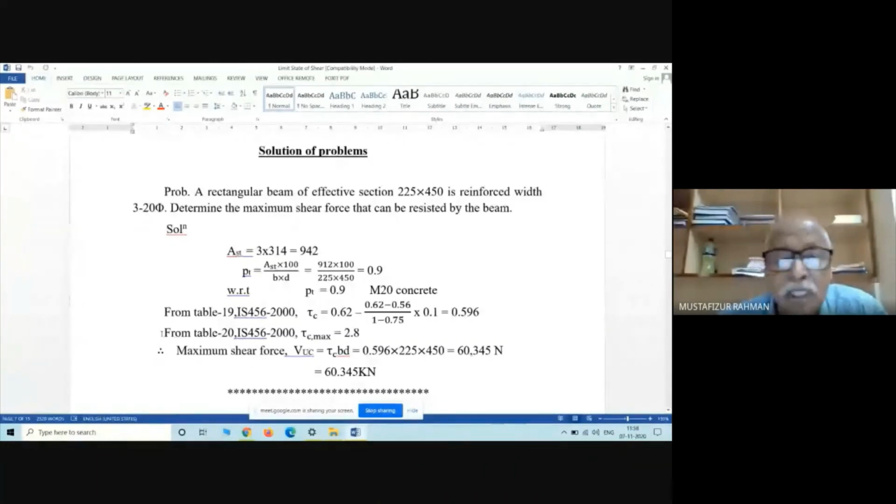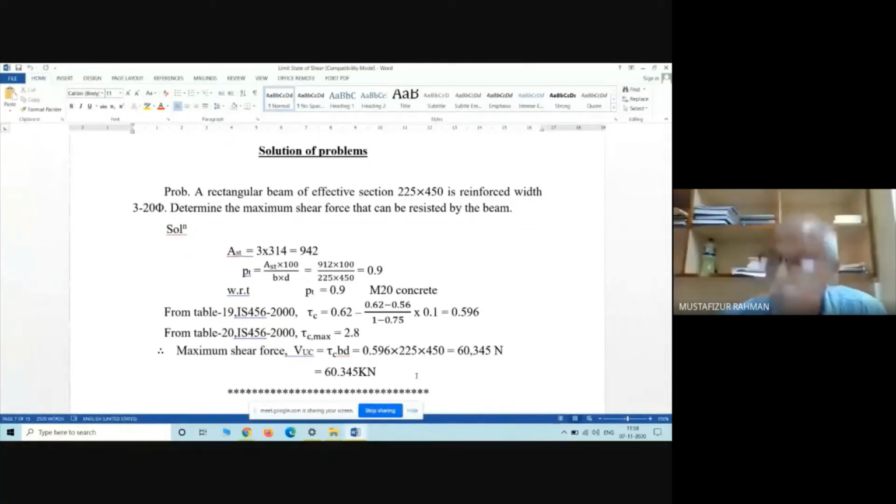So this much is the shear capacity, 0.596. The maximum shear force will be equal to the shear capacity multiplied by the effective area, which gives 63.345. This is the shear capacity.